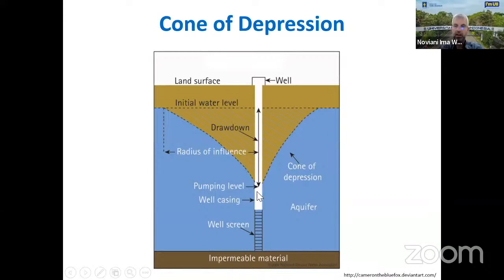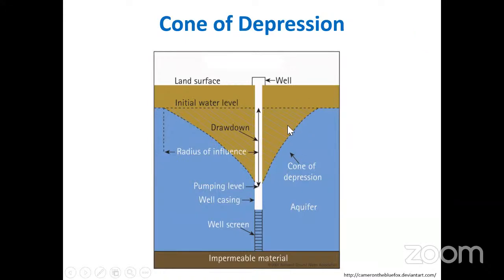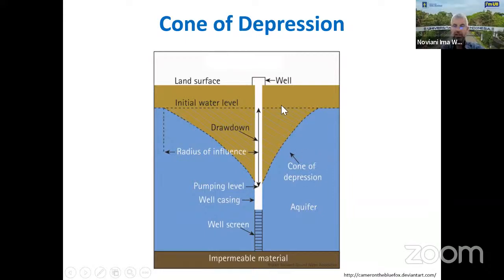Now we start pumping, and when we start pumping, we are basically sucking out the water from the porous material. And what happens is we form what is called a cone of depression. See this dashed line here? It looks like a funnel, like a V-shaped area, and we call it the cone of depression. This is what forms when you start pumping from a well.